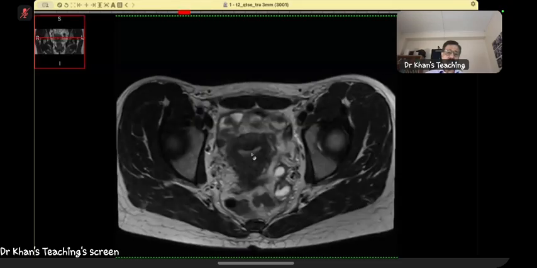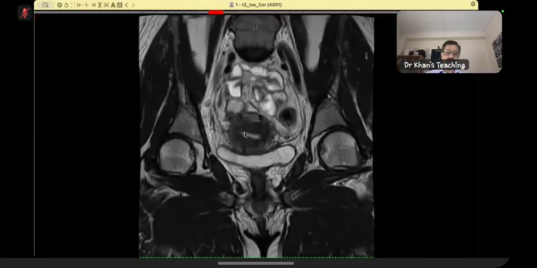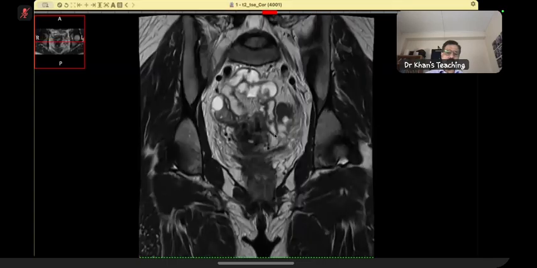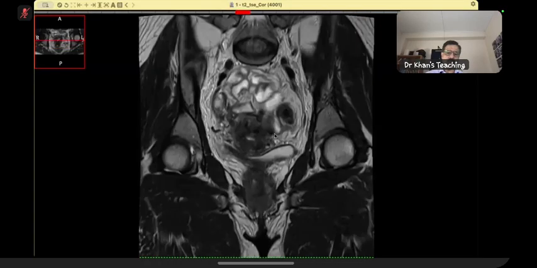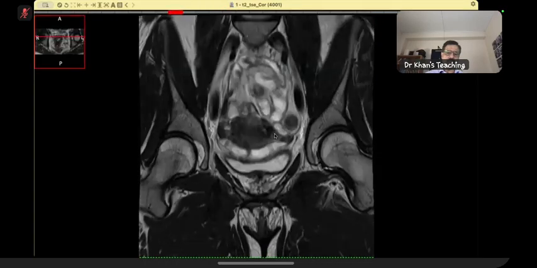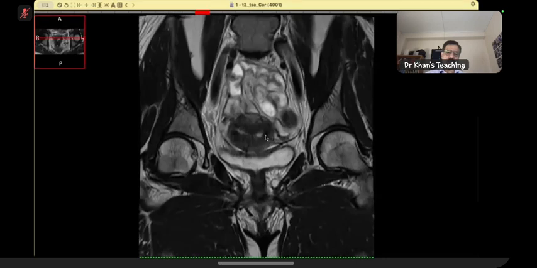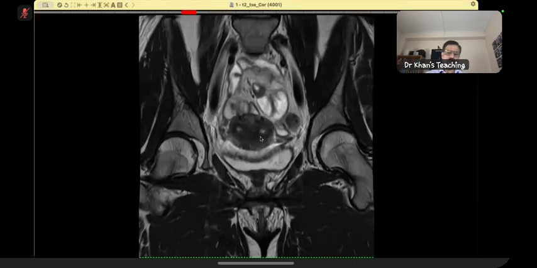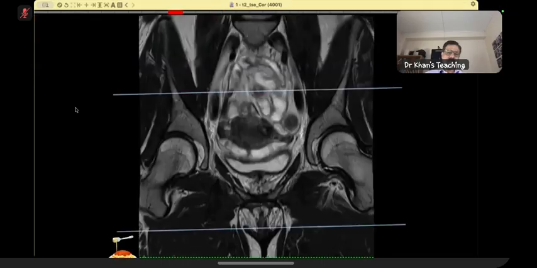You should have a special coronal sequence, which was not done in this case. And I'll explain to you, this is for your day-to-day reporting. Here, you can see the two horns here, and they are joining.